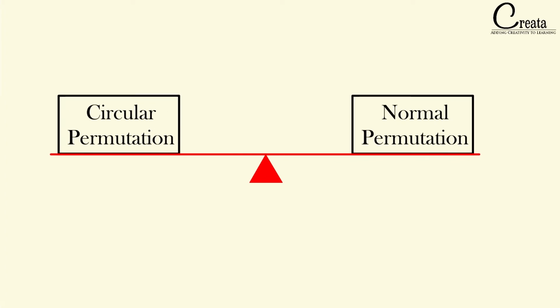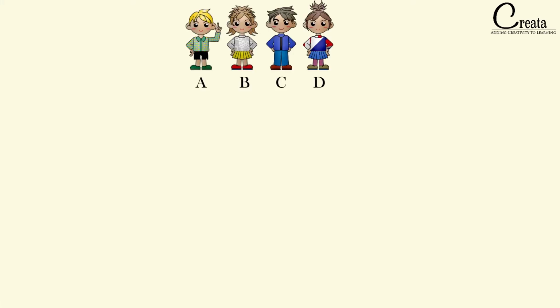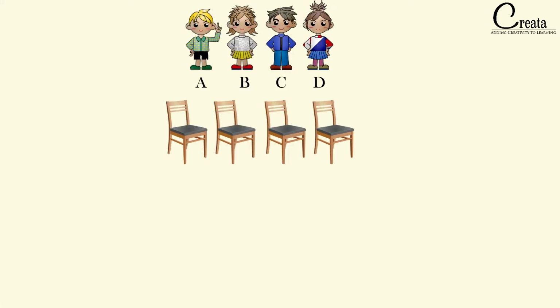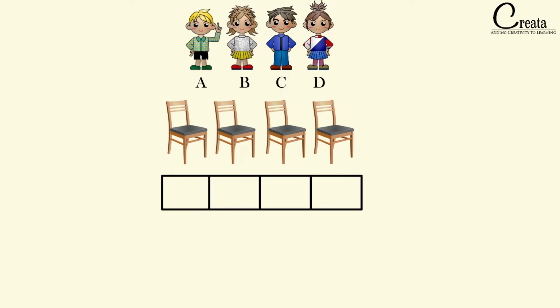For this comparison, let's take an example. We have 4 persons and 4 chairs, or we can say 4 slots. These 4 persons have to sit on these 4 chairs. Now the question is, in how many ways can these 4 persons sit in these 4 chairs? That will be the permutation. We know the answer.